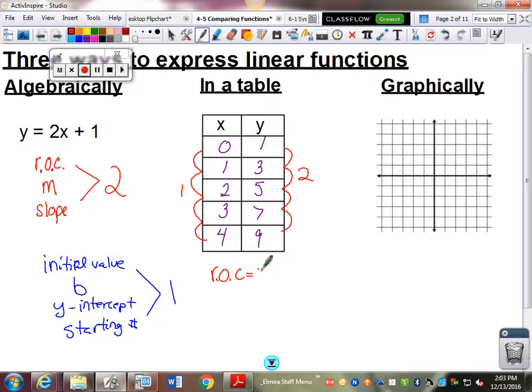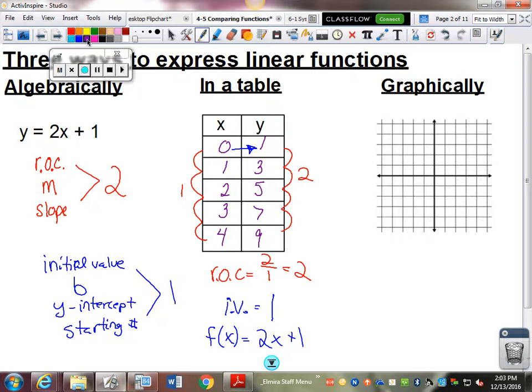So my rate of change is 2 over 1. That divides out to be 2. My initial value, as we're going to be calling it for this lesson, is 1. So that means my equation would be 2x plus 1.